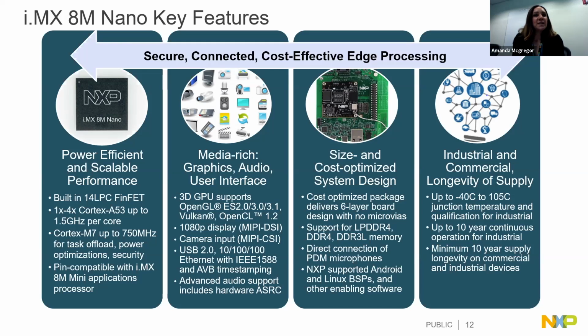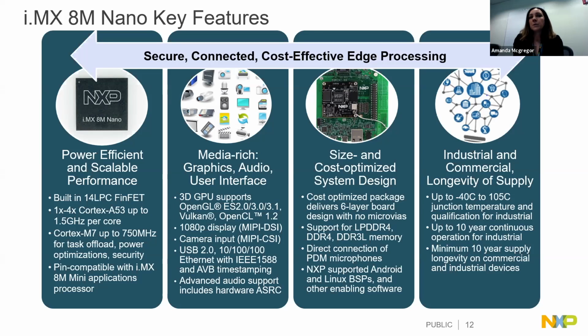The 8M Nano, in addition to the core computing complex, has a lot of capabilities in terms of multimedia. It has a 3D GPU. And what's new about the 3D GPU on the Nano is that it supports OpenGLES 3.1, Vulkan, and OpenCL 1.2.